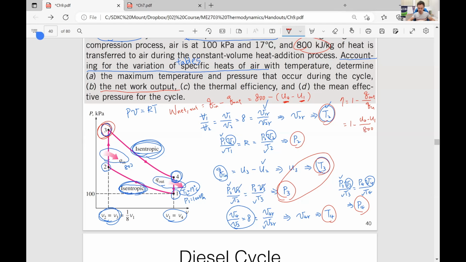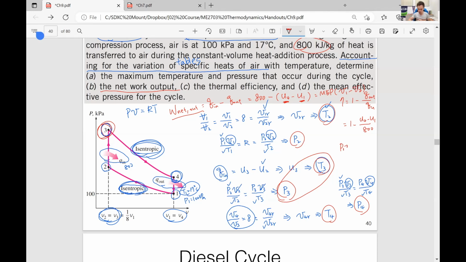And MEP, this is MEP. MEP times the displacement volume is the net work out, right? So this is V1 minus V2. You can find out what V1 is, right?